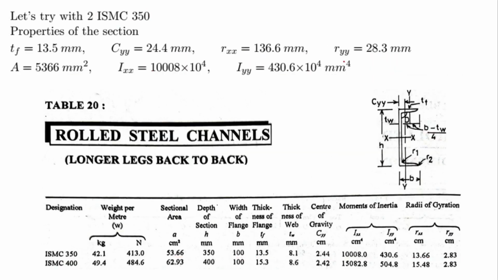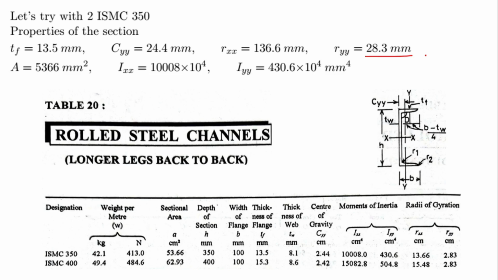Rxx and Ryy, in between these two radii of gyration, the least value is 28.3 mm. In case of the calculation of slenderness ratio, we use the least radius of gyration. But in this case, it will be different.